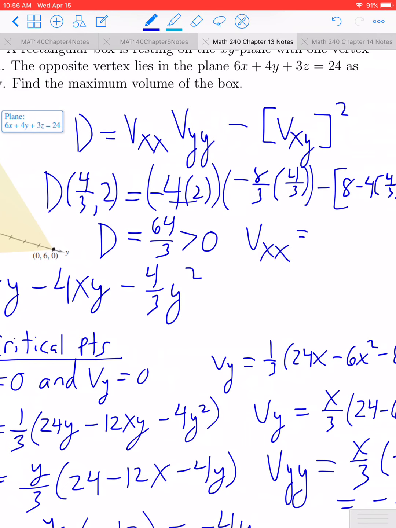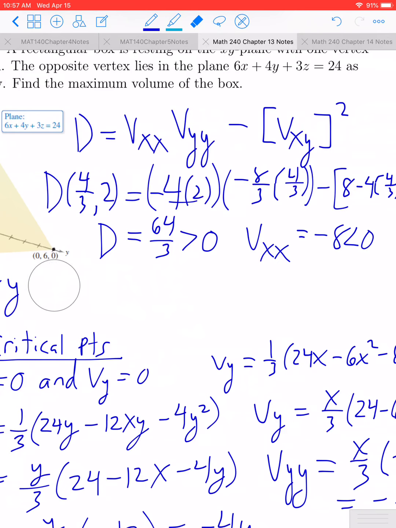Vxx was this part here, that was negative 8, which is less than 0. Because D is greater than 0 and Vxx is less than 0, the second partials test tells us that this would produce a maximum. So we have a maximum at (4/3, 2).